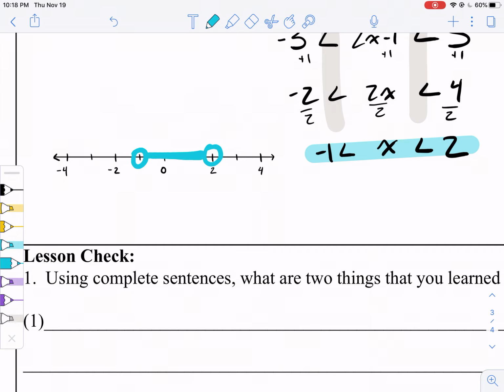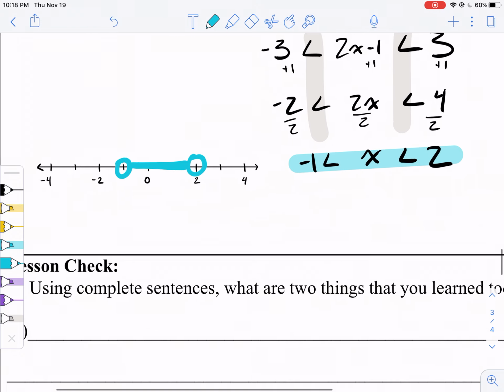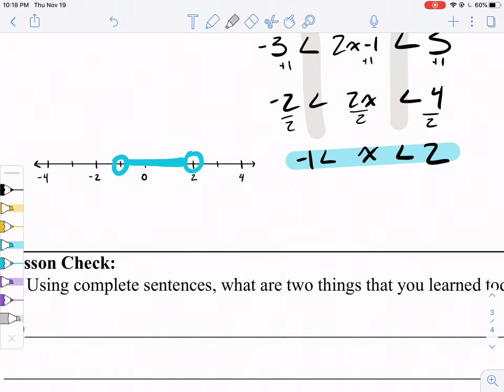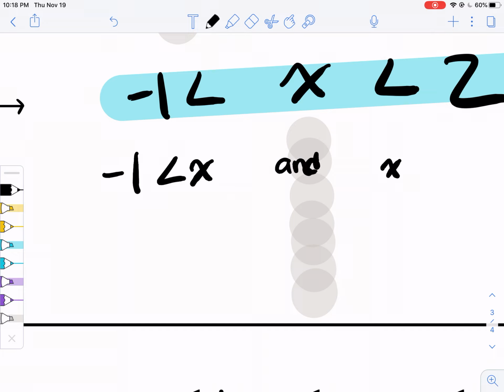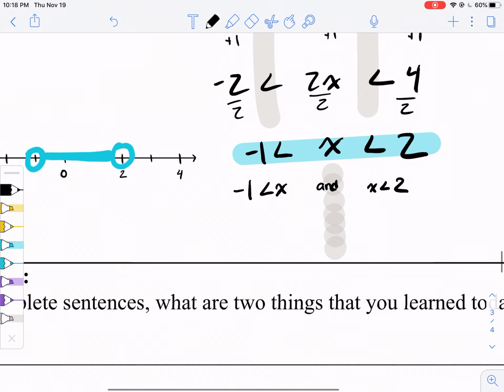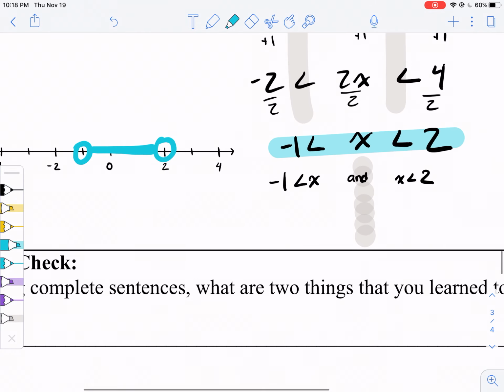Now, how can we write them as sets? Well, let's split this guy up into two inequalities again. Here, this is basically saying negative 1 is less than x and x is less than 2. Now when you have and, we're looking for the intersection of these two inequalities.